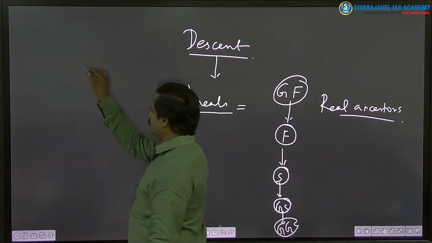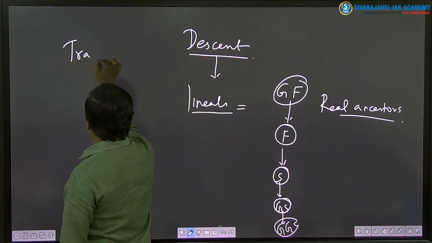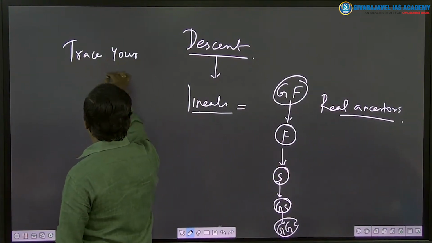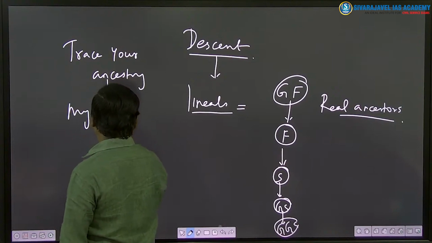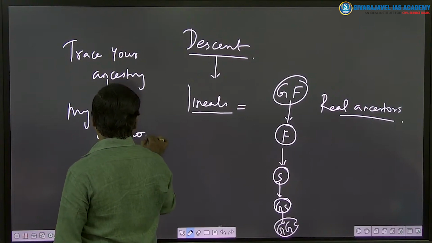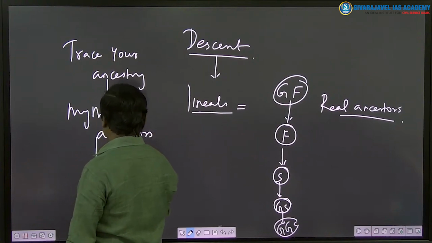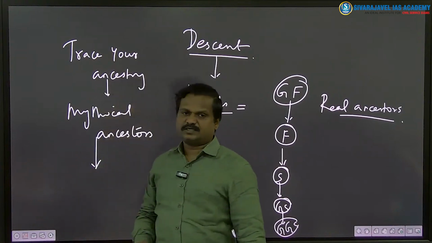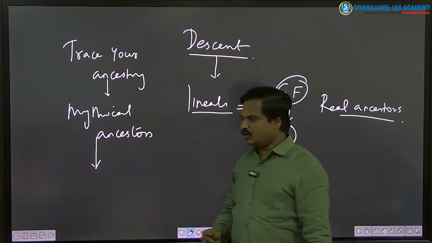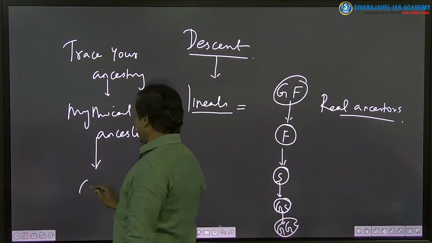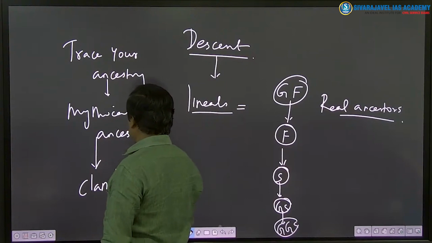You can also trace your ancestry based on mythical ancestors. And if you trace your ancestry through a mythical ancestor, then you call them a clan, otherwise called gotra.